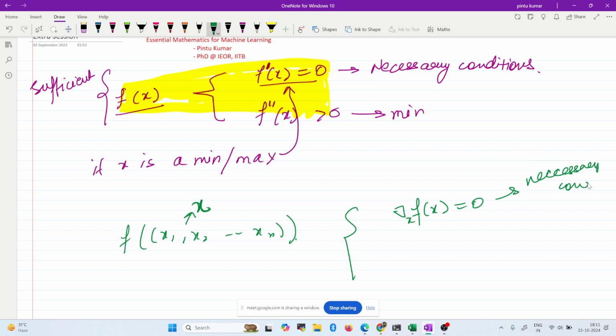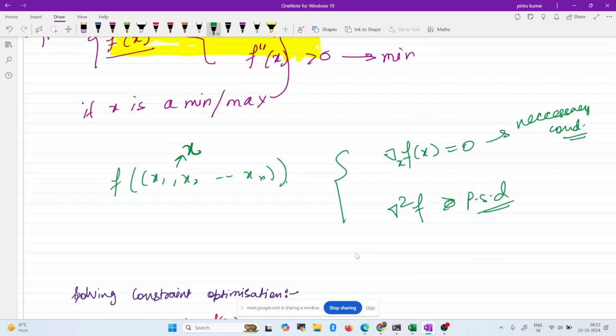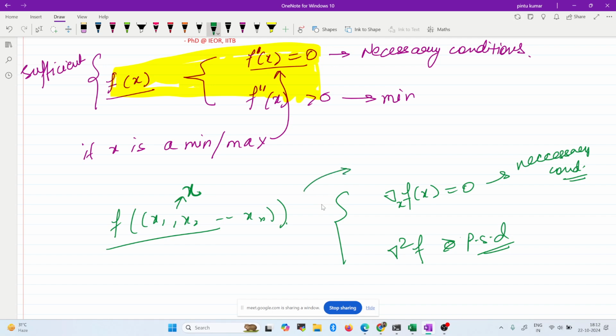A sufficient condition was that your Hessian, that is the second derivative, is positive semi-definite. So in this course, before starting KKT, we looked at functions of this form and the necessary and sufficient conditions for optimal values of these kinds of functions.